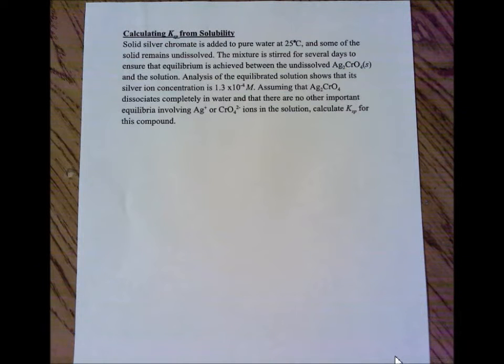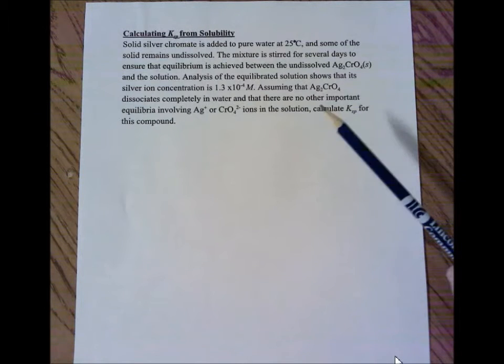And then afterwards, after it's stirred for several days, they find the silver ion concentration to be 1.3 times 10 to the negative fourth molar. And then we assume that silver chromate dissociates completely and there's no other equilibria involved. And so we want to know what is the KSP for the solid silver chromate.